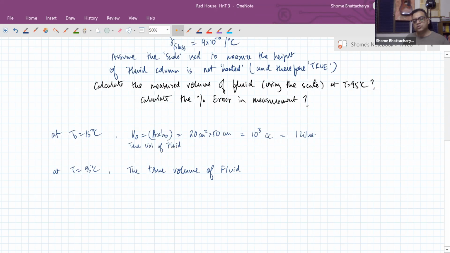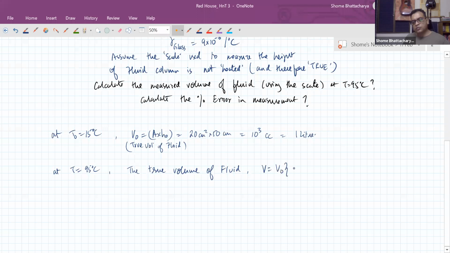So this is also true volume of fluid, but at that temperature. The earlier one is also true volume, but at the temperature of 15 degrees C. Now this is the true volume of fluid at 95 degrees C.